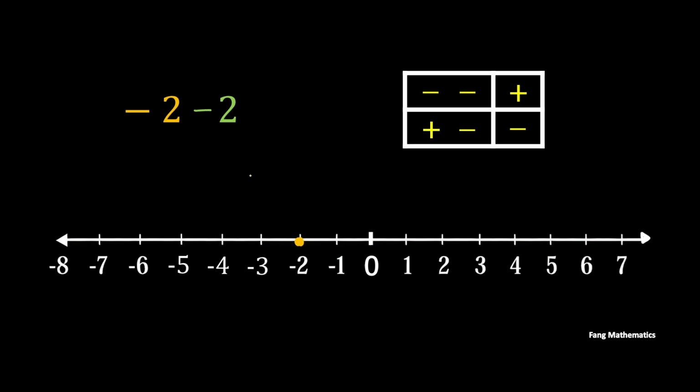So minus, you are to move in the opposite direction. So you are to move to the left for 2 units. Start from -2, 1 unit, and 2 units. You should land on -4. That gives your answer as -4.